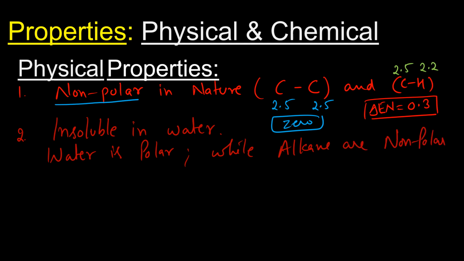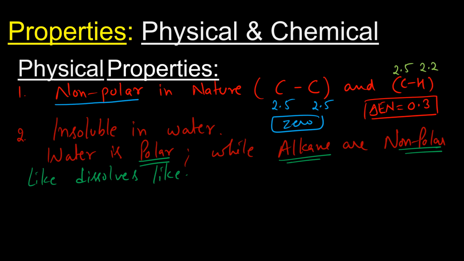So as per the organic chemistry law, like dissolves like, a polar component always dissolves in polar, while a non-polar component always dissolves in non-polar. So alkanes are non-polar, that's why they are insoluble in water, which is a polar solvent.